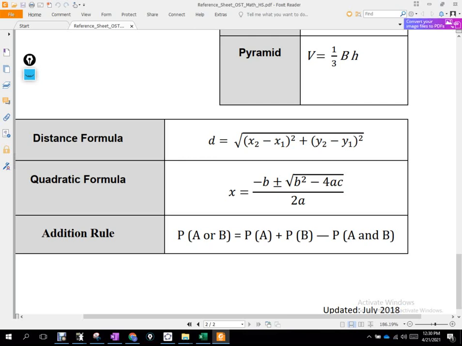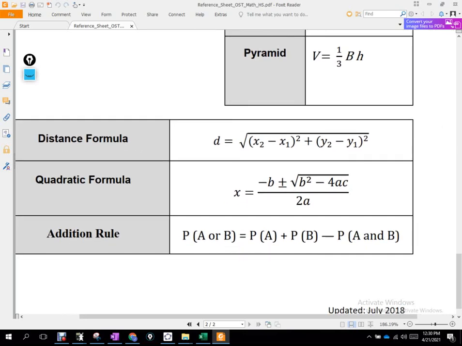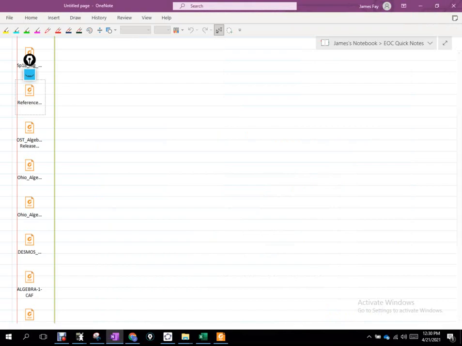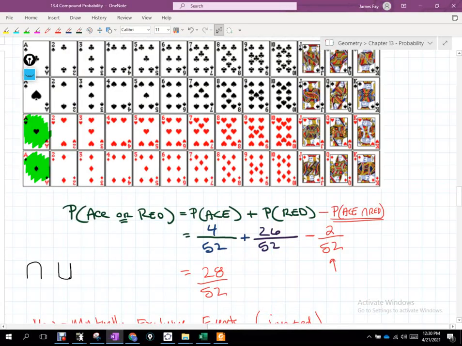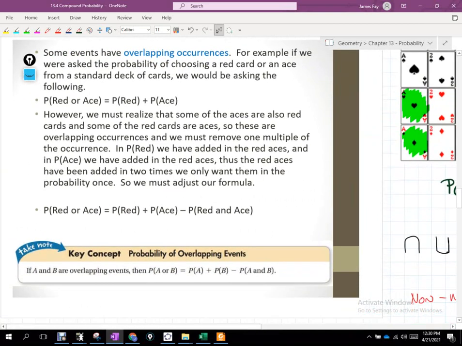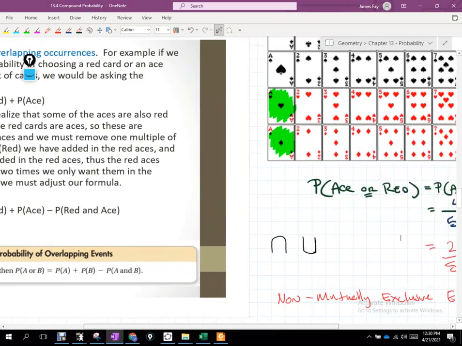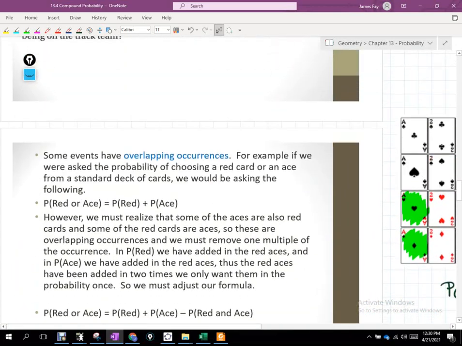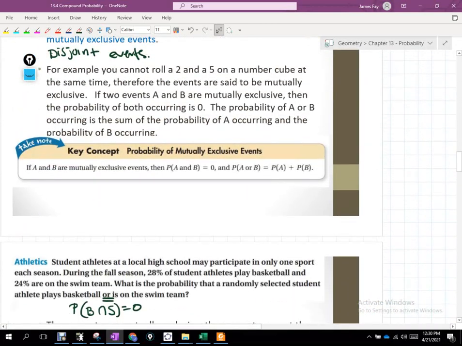They give it to you in this way because if they are mutually exclusive, this would be 0, and you get probability of A plus probability of B, right? Okay, and this is the way my stats textbook does it. It doesn't give you both formulas. Okay, the textbook doesn't give you this formula and, where'd it go? And this formula.